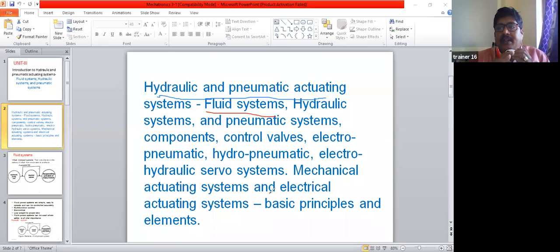With the air, the system actuates the entire machine to give whatever output we desire. So hydraulic means the medium is liquid, and pneumatic means the medium is air, that is compressed air or pressurized air. That is the example I am giving, compared with the human body.